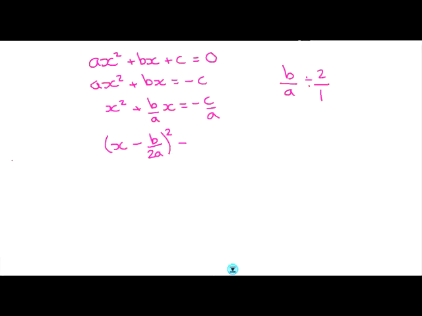Now we'd have to subtract this squared because that's what we'd get when we complete the square. So it'd be minus b squared, b times b is b squared, and 2a times 2a is 4a squared, equals minus c over a.